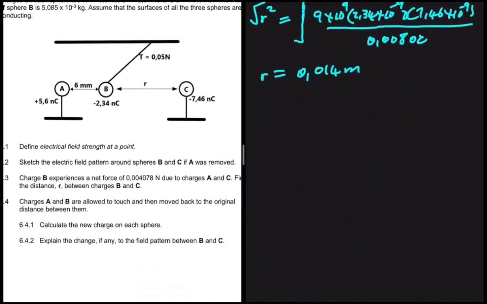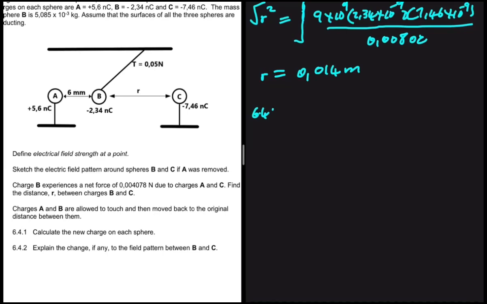Let's look at 6.4. So 6.4, charges A and B are allowed to touch and then moved back to the original distance between them. Calculate the new charge on each sphere. So when charges are allowed to touch and then separated, we say that Q new is equal to Q1 plus Q2 divided by 2. But then in this formula, we actually have to account for whether a sphere is positively charged or negatively charged.